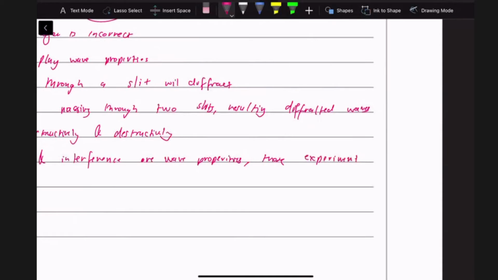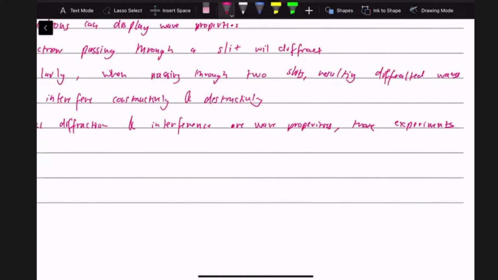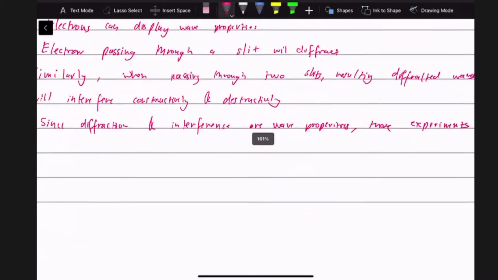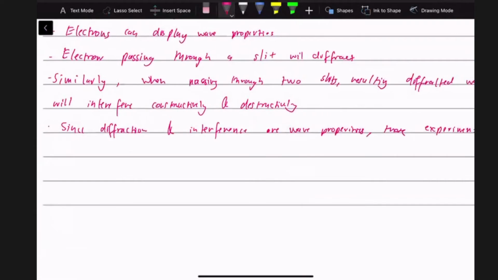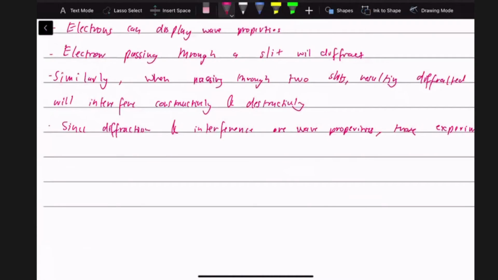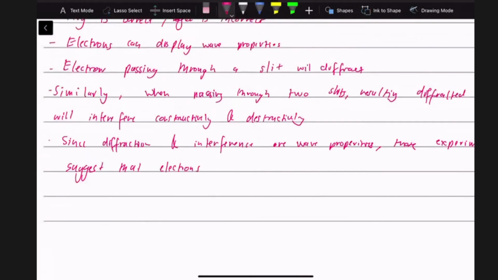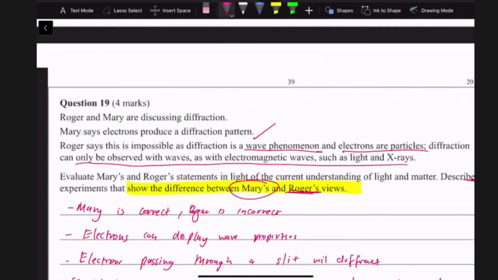support. You never want to say prove in science because they'll mark you down for it, because I think our school teachers told us that you can't prove anything in science. So just never write the word prove. You want to write something like suggest or support. Suggest that electrons, so the question was asking, can they produce a diffraction pattern?